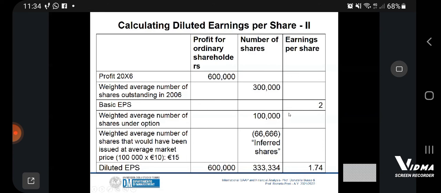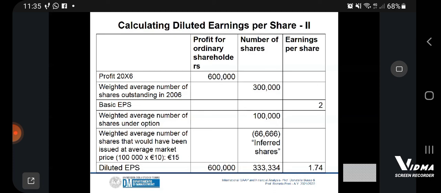As these 100,000 new shares have been exercised at a price which is below the market price, we are taking into account a number that is known as inferred shares, the term used in IAS 33. But you can recognize them as assumed shares, shares that would have been issued if I would follow the regular price in the market. How do I calculate the number of the assumed shares or the inferred shares?